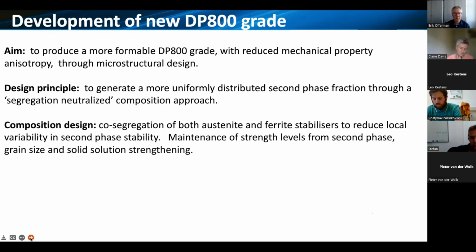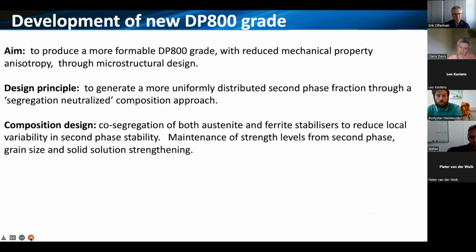viewpoint. So our aim was a new, different DP formulation, and in particular, we wanted to have reduced mechanical property anisotropy and enhanced ductility. That was our requirement.